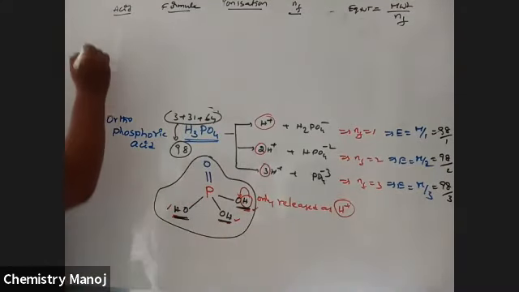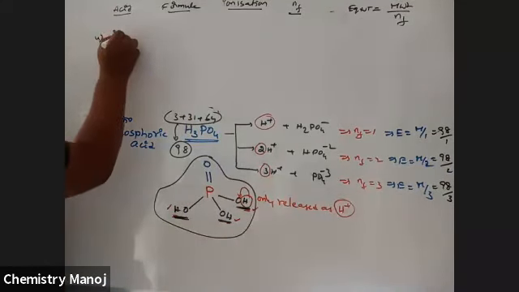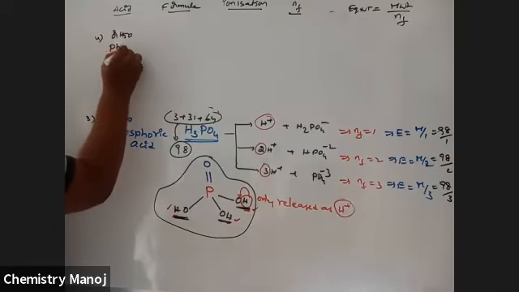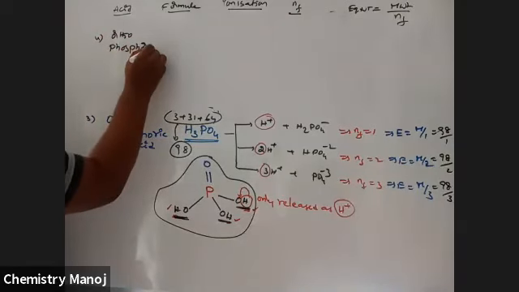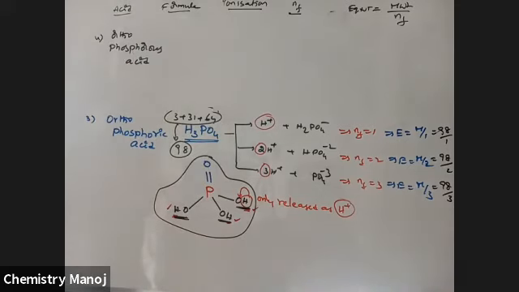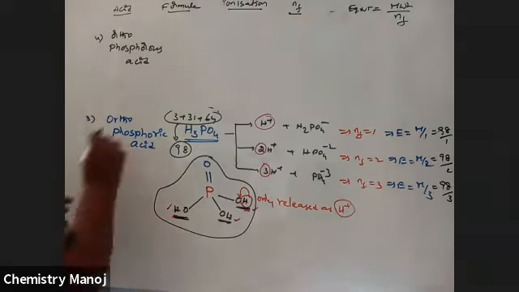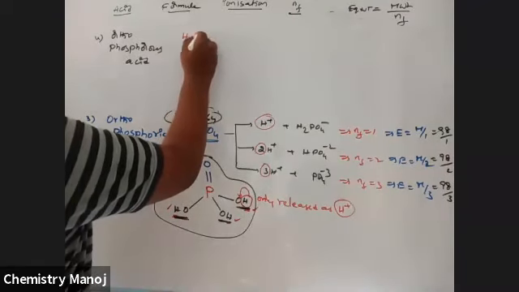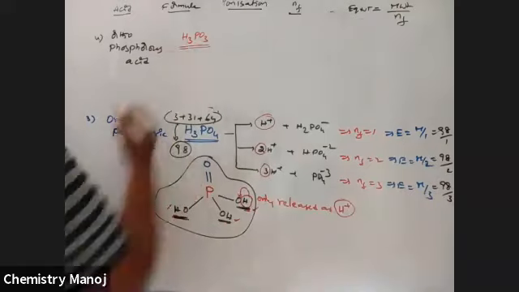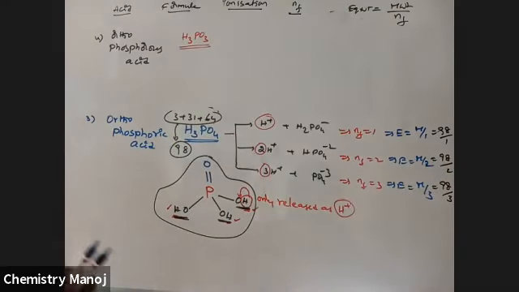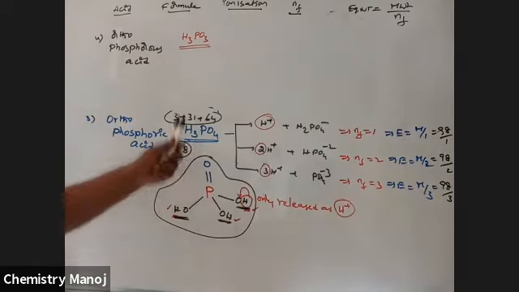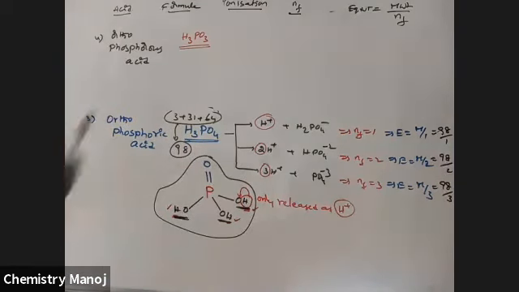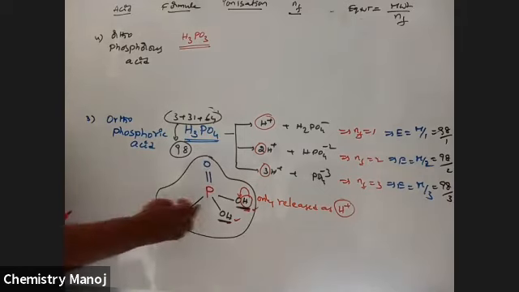Next example, that is orthophosphorus acid. Its formula is H3PO3. So H3PO4 was before, this is H3PO3. Write down its structure just like this.